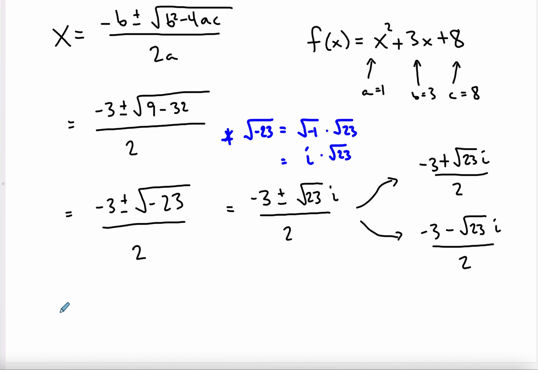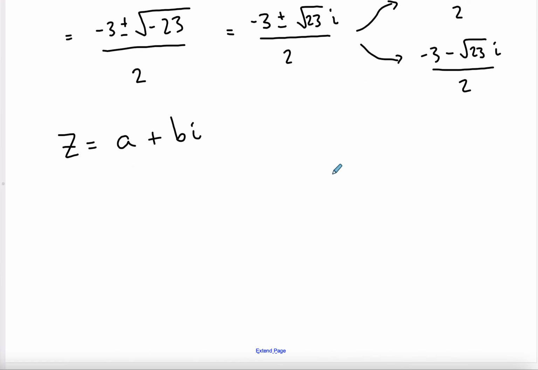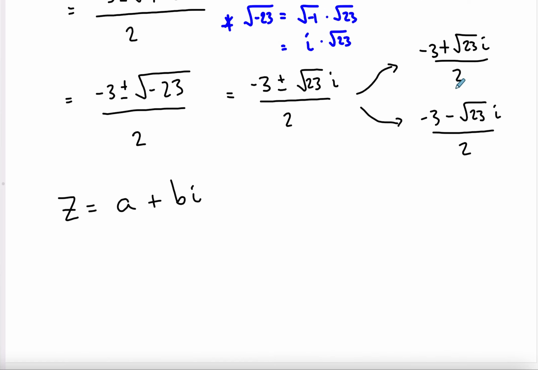Finally, if we put this in complex number form, we like it in the form of a plus bi, right? The imaginary part separate from the real part. And so we just need to separate these two so that there's a real part and an imaginary part.